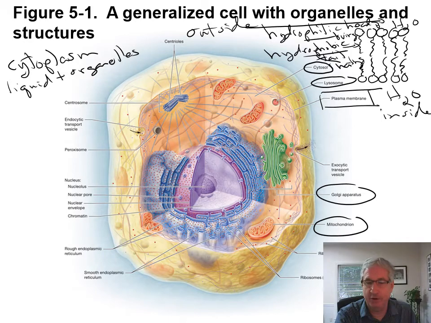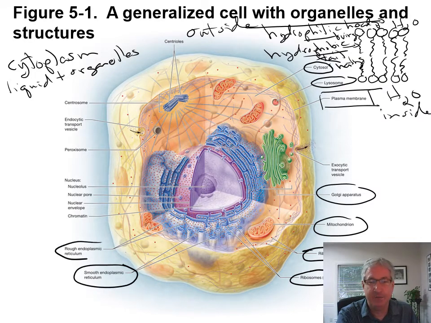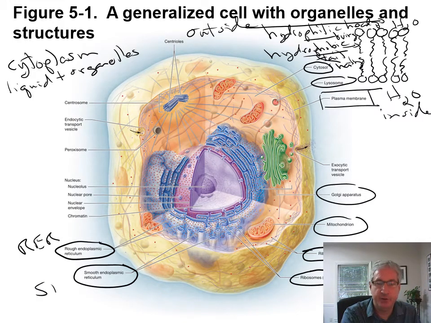We have ribosomes here, those are free ribosomes, and we have ribosomes that are bound. We have the smooth endoplasmic reticulum and the rough endoplasmic reticulum. This is called the rough ER, and this is called the smooth ER.